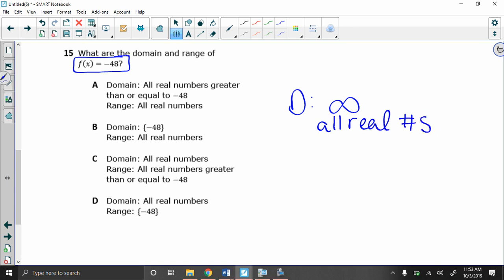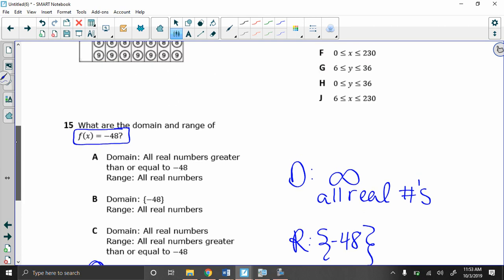And then our range was just negative 48, because that's the only number it can ever be given this function. So the correct answer choice for this one would be D.